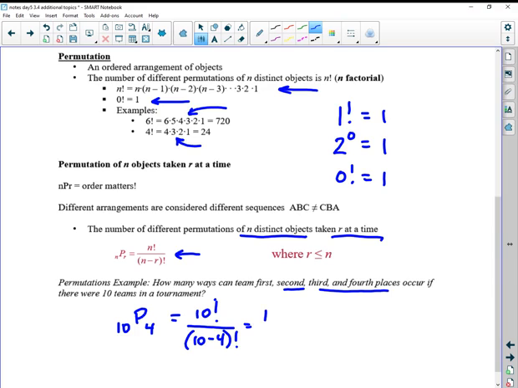So that's going to be 10 factorial over 6 factorial. I like to think of that in terms of the 6 to 1 canceling. So I'm going to end up with 10 times 9 times 8 times 7, which is going to be 5,040 ways.